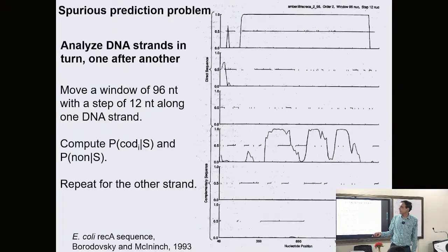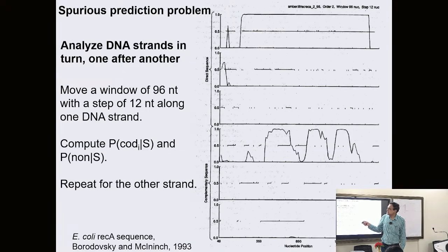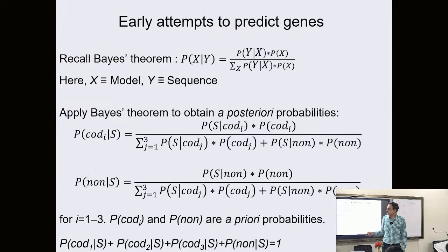That is why this gets most of the strength, close to probability 1, at most of the locations. But if you allow the model to see both strands together at the same time, then this signal will pale in comparison to the other signal, because there would be 3 for this strand, 3 for the other strand, and non-coding.